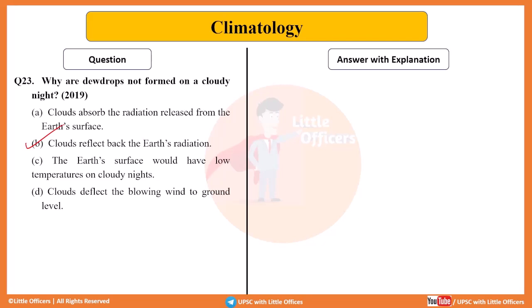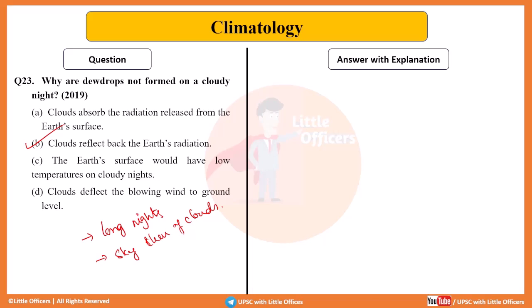See, what are the favorable conditions for dewdrop formation? One is you must have long nights. That's the reason why during the winters we see more dew. Second, the sky should be clear of clouds, because if there are clouds, the clouds are going to reflect back the Earth's radiation, and the Earth's radiation is going to be trapped.